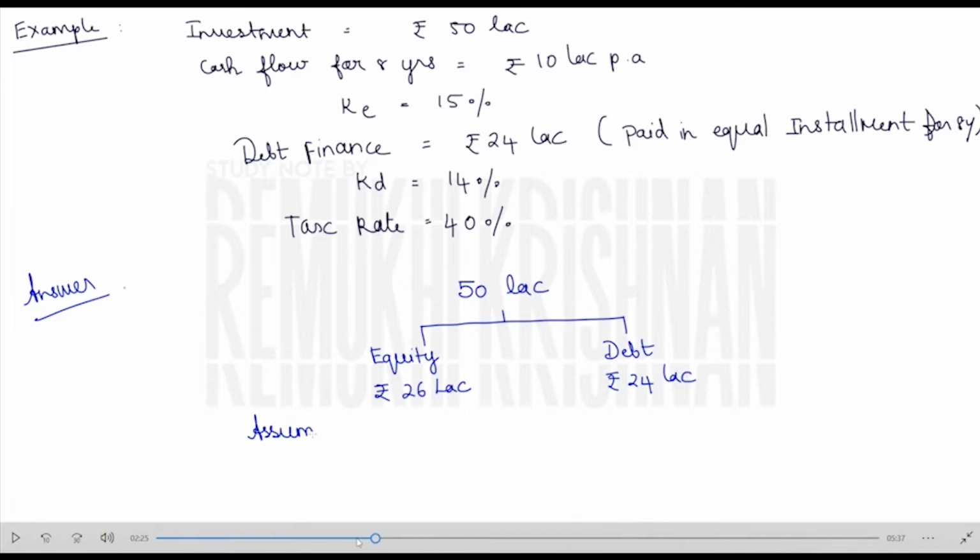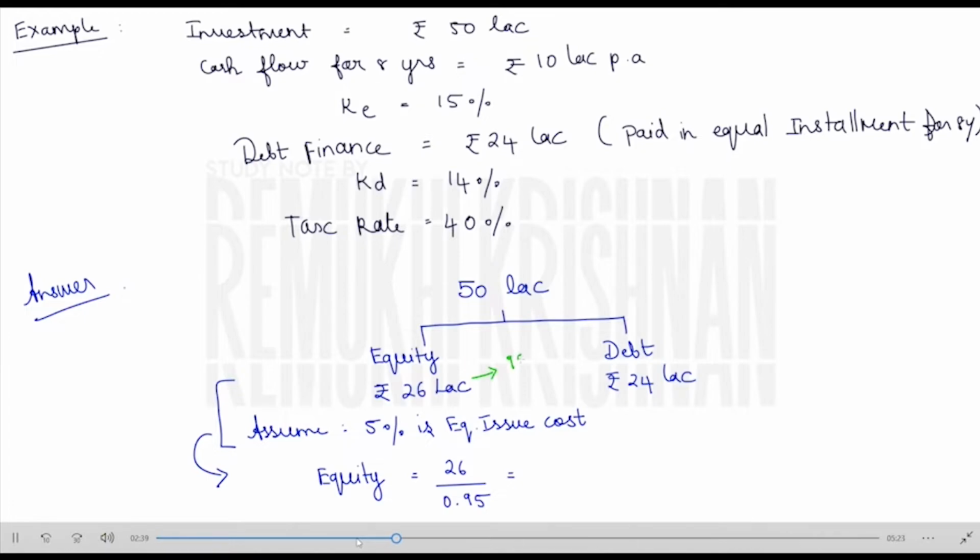What about the issue cost? I'm assuming that 5% is going to be my issue cost. So, guys, I have to find my total equity. Let me say this 26 lakh is my 95%. And what is the 100%? Because this is how I arrived at this 95%: 100 minus 5% is my 95%.